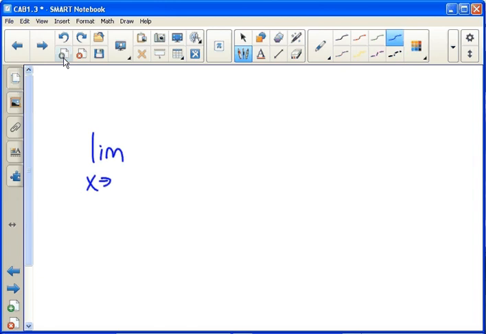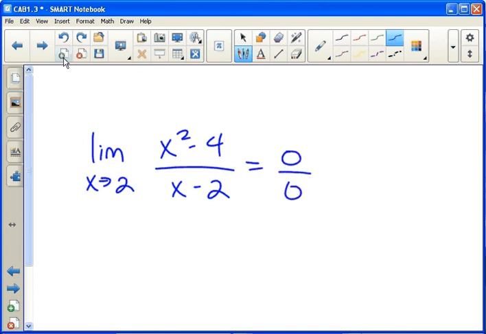Now when you try direct substitution, and you should always try that first, you end up with 0 over 0. Well, that tells us that the function doesn't exist, but it doesn't necessarily mean the limit doesn't exist. So you have to use other methods to find the limit if you get 0 over 0, as we do here. So stay tuned for that.